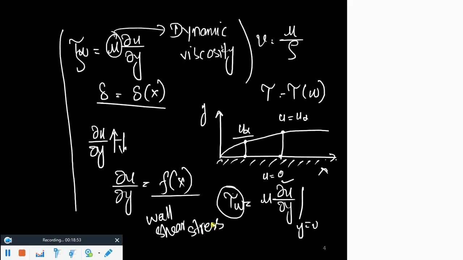This is known as wall shear stress. Whenever you try to non-dimensionalize things, as an engineer you always try to non-dimensionalize. You remember that discussion, the Buckingham Pi theorem.